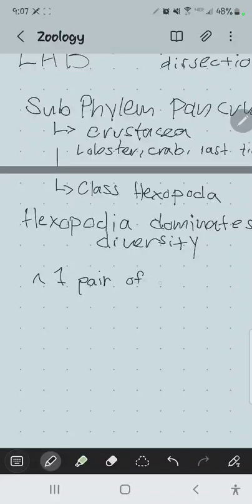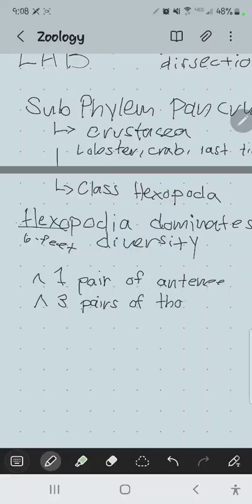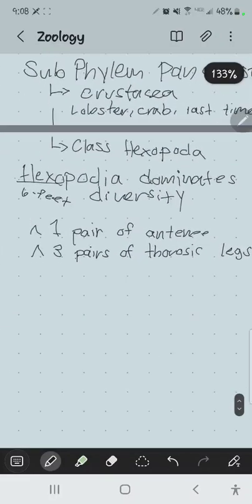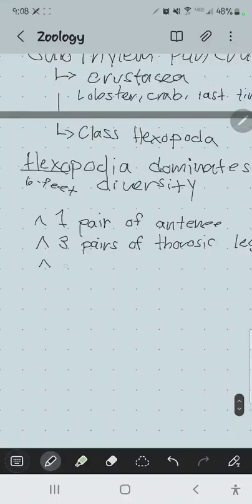The name Hexapoda, hexa meaning 6 and poda meaning feet, we have 3 pairs of thoracic legs. And typically, the abdomen has no, or if they do have legs, very few legs. I'll give you some examples of where abdominal legs happen in hexapods, but nothing like what we see in the crustaceans, where it's like legs, legs, legs, and more legs, and then after that, even more legs, right?